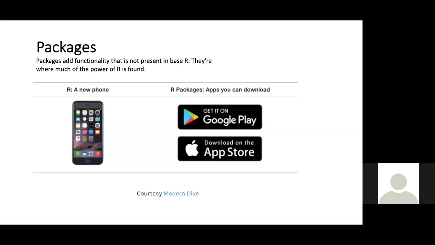For example, you need Google Maps, or you need Grab car or Uber applications, so you can add them. So R itself is your new phone, while R packages are the applications you need to make use of R.